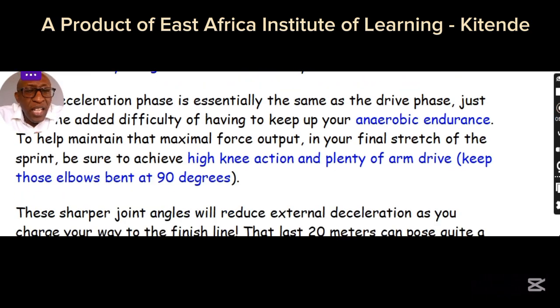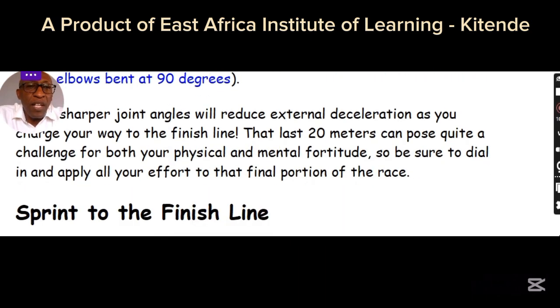Now, what is the key secret of managing maximal force output? It is to achieve high knee action and plenty of arm drive. Keep the elbows at 90 degrees. So a lot of arm movement at 90 and also knee action is very, very important.